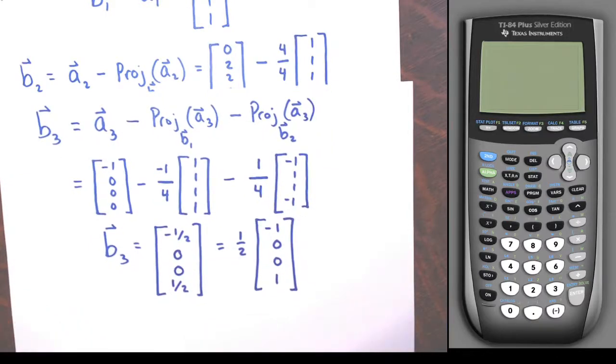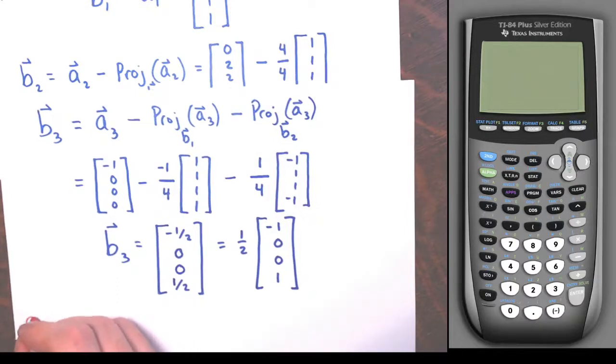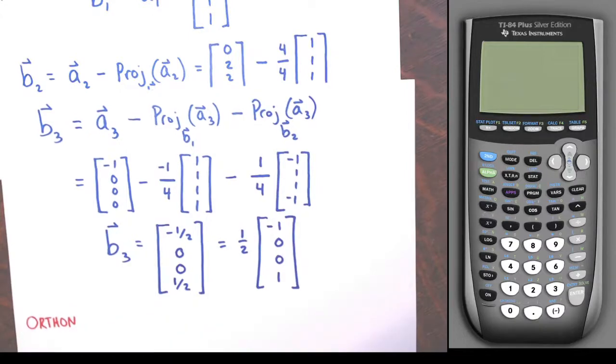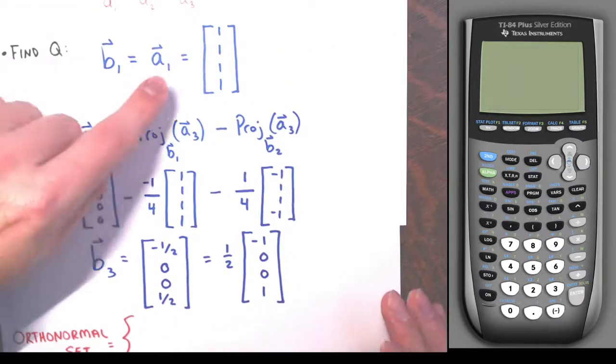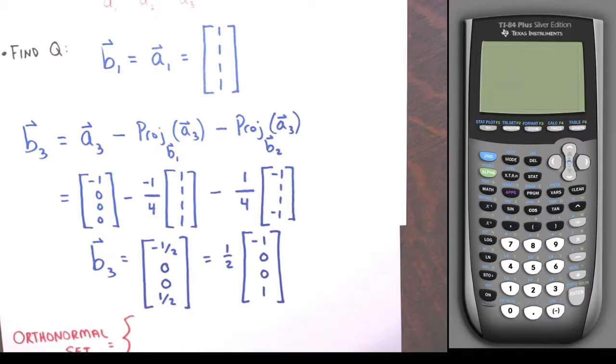Now let's normalize them, and I'll get an orthonormal set that I'll use as the columns of matrix Q. All right, so B1. The norm of B1 is 2.